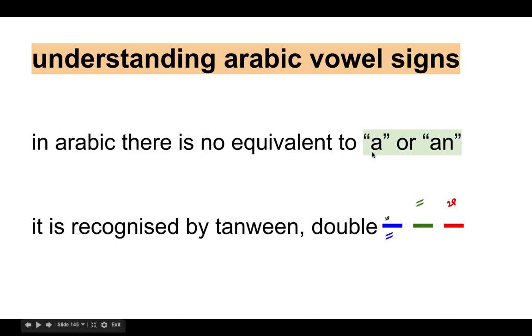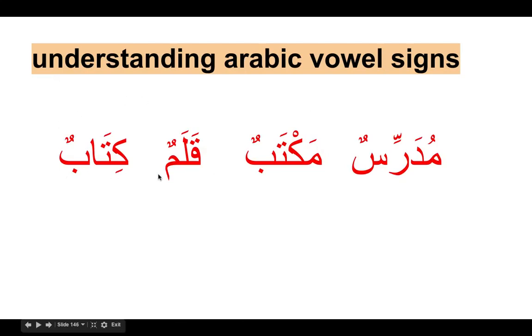If you want to say a book, it is still kitabun. So a sign of double dhamma, double fatha or double kasra is a sign of indefinite. Let's see an example. Mudarrisun, a teacher. Maktabun, a desk. Qalamun, a pen. Kitabun, a book.